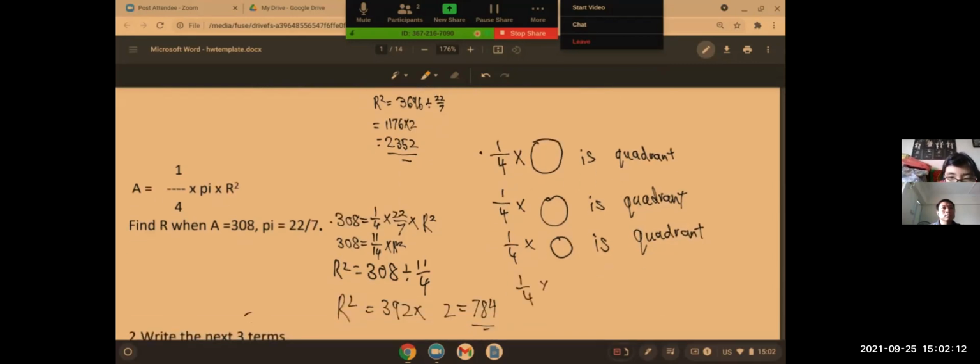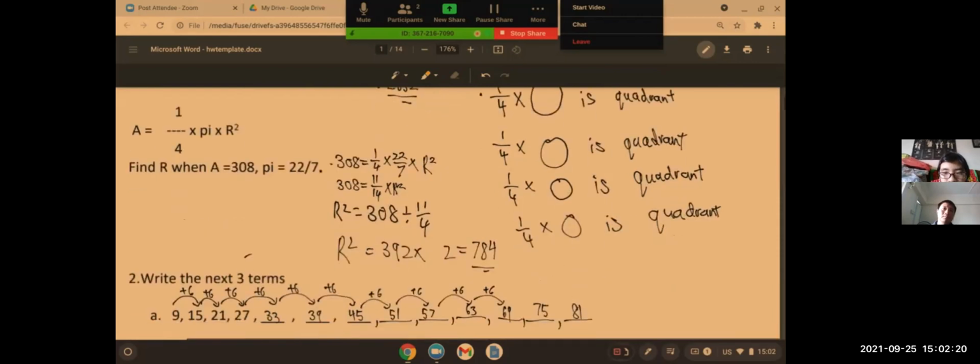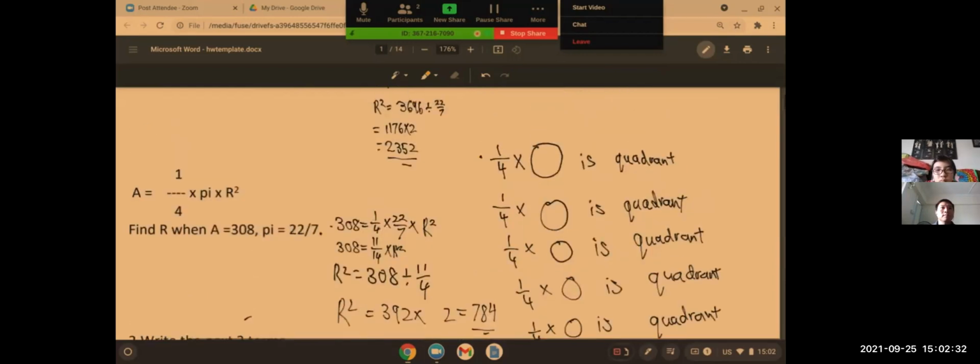Quarter times full circle is quadrant. Okay, good. So look back at the question, first question.